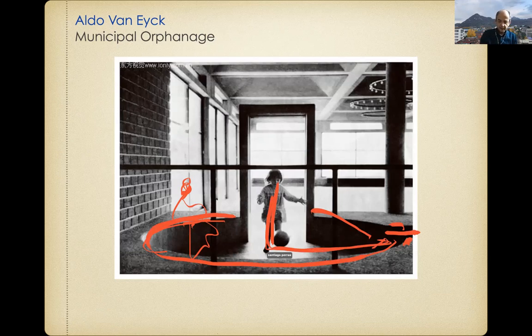You have a gate, which is a symbolic gate, right? It's a door because you have no wall. There's some kind of symbolism, or maybe symbolism is too much, but some elements which are a little bit surprising, right? You have separated the space with a door, but without a wall.